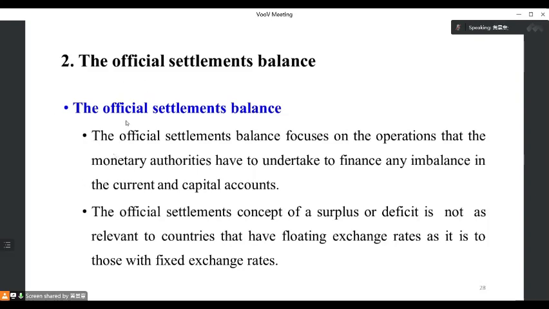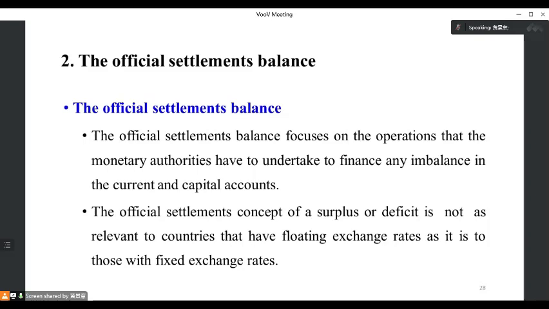We should understand what the official settlement balance means. It focuses on the operations that the monetary authorities have to undertake to finance any imbalance in the current and capital account. We should know the meaning of this settlement.